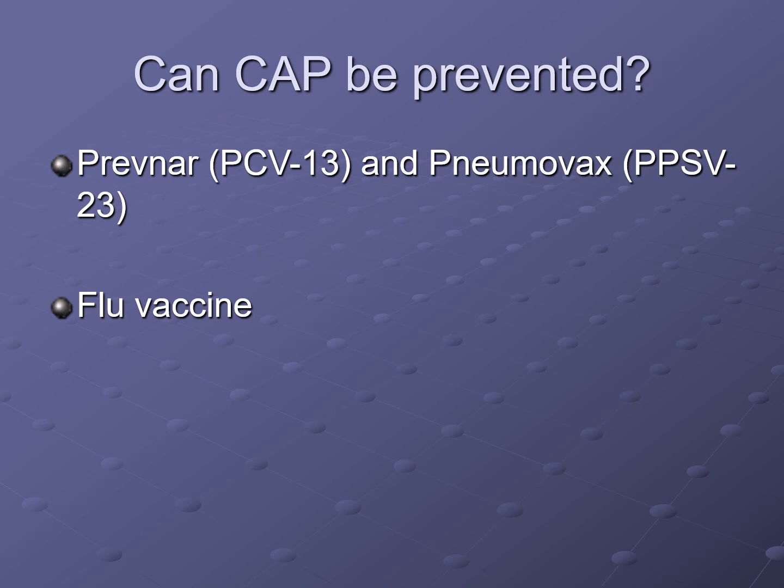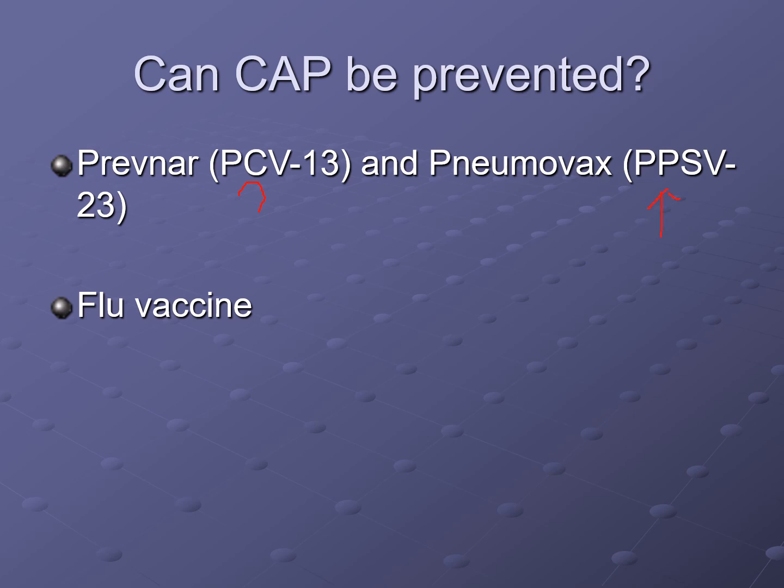Can you prevent community acquired pneumonia? There's 2 major vaccines that we're using. One's a conjugate vaccine, and one's a another word that's escaping me right now. It's a polysaccharide vaccine.